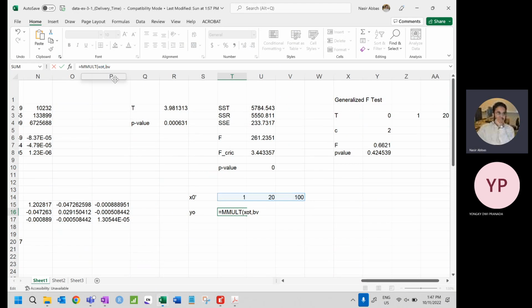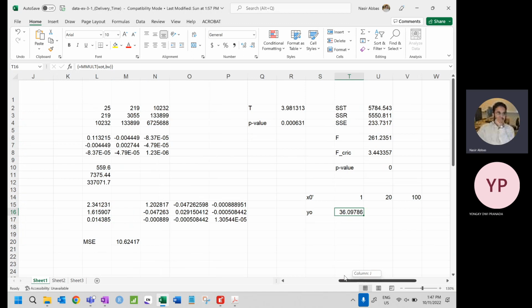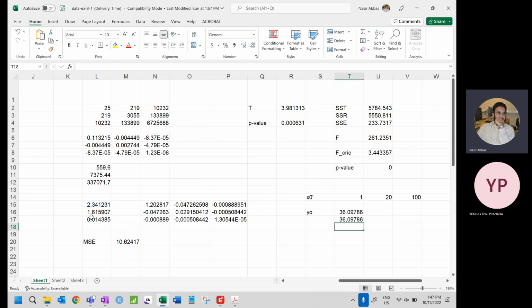BV. Yes. So the predicted value is 36.0 something. I can do it manually, without going into the matrices, to confirm. This is beta naught 2.31 something plus beta 1 times 20 plus beta 2 times 100. And I expect the same answer, 36 point something.